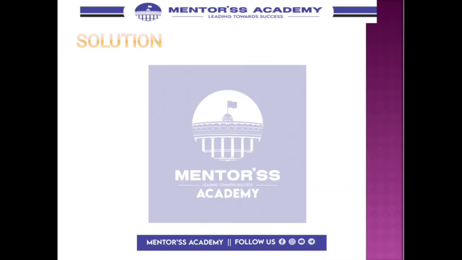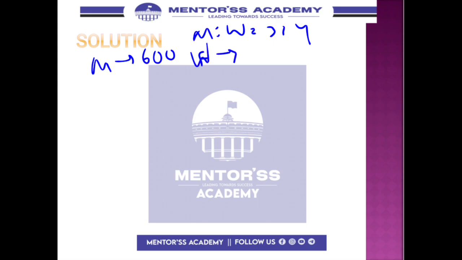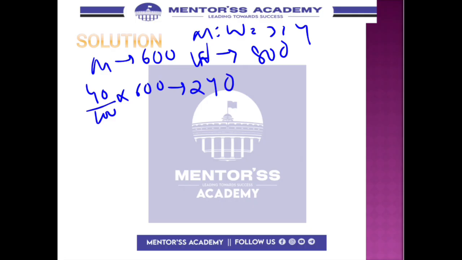So let's assume the male population to be 600 and the female population to be 800, since they are in the ratio 3 is to 4. So the male population is 600 and the women are 800. Then 40% of 600 is 240 men.